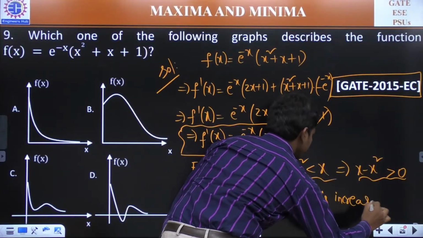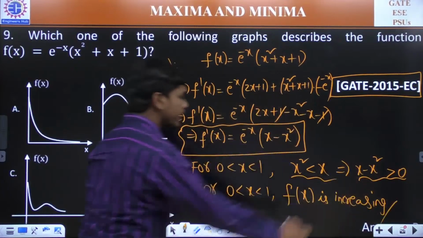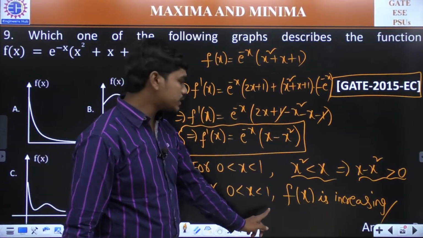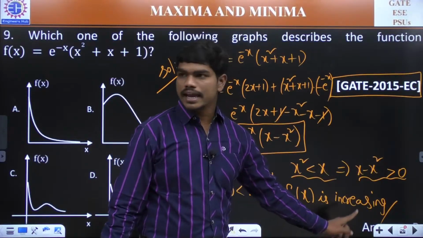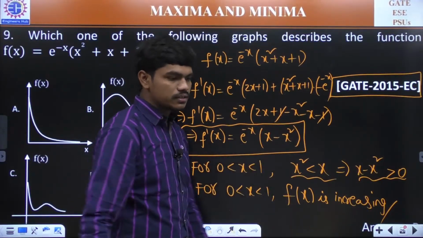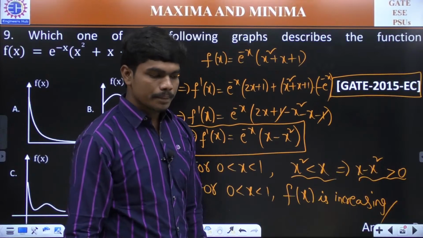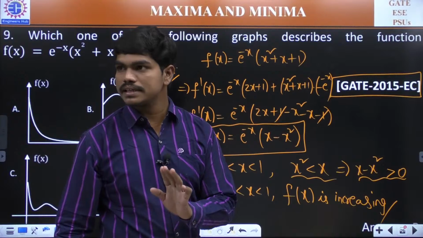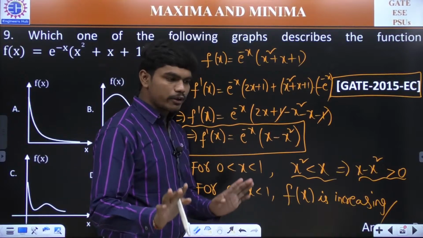Can you tell this? Please tell me. For 0 less than x less than 1, this f of x is increasing. Can I say this, and will you all agree with me because of this particular analysis here? Please respond, all of you. Whoever is on live, please respond. Correct? Can you all agree with me?